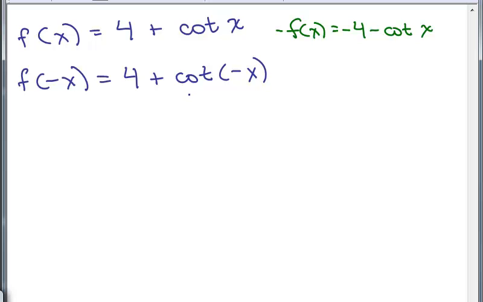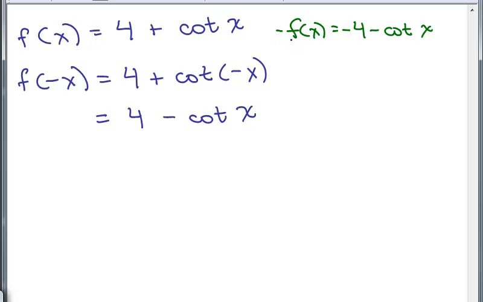The cotangent is an odd function, so the cotangent of negative x is negative cotangent of x. All right, this is as far as I can simplify. Is that the same as the original function? No, because the original is 4 plus cotangent of x, and this is 4 minus cotangent of x.